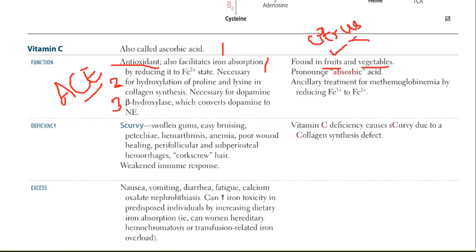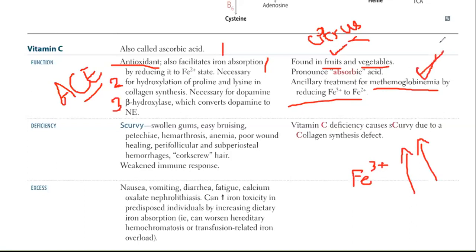Ancillary treatment for methemoglobinemia is by reducing ferric to ferrous, from ferric to ferrous. When the levels of Fe3+ are more in your blood, you have this thing which is called methemoglobinemia. I just told you that when your Fe3+ reaches your gut in your iron metabolism, it converts to Fe2+.